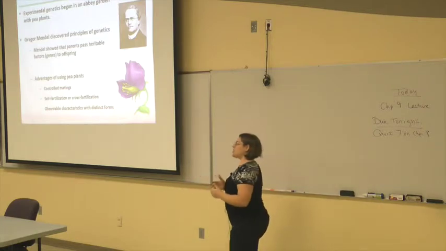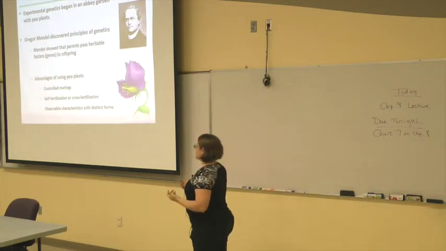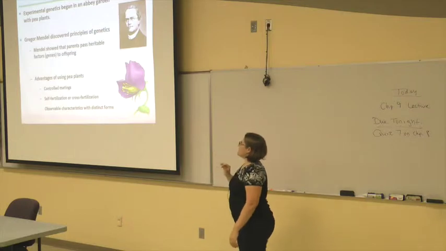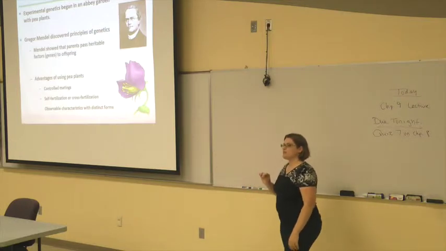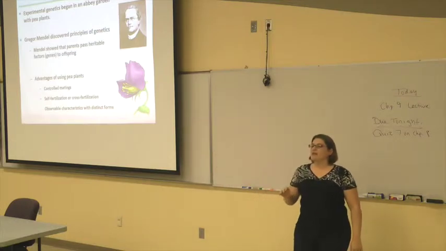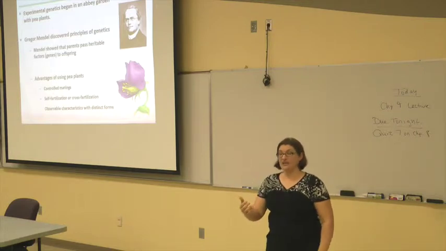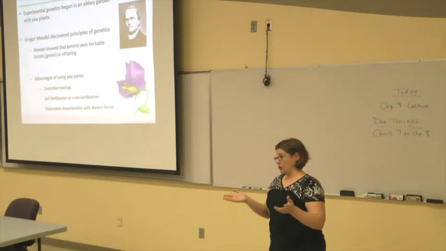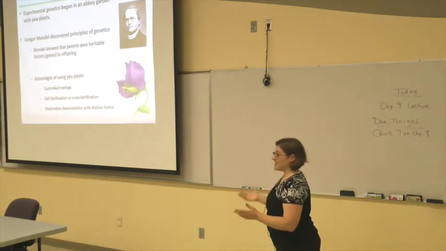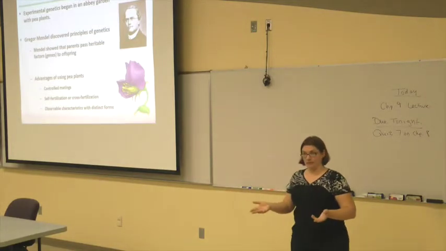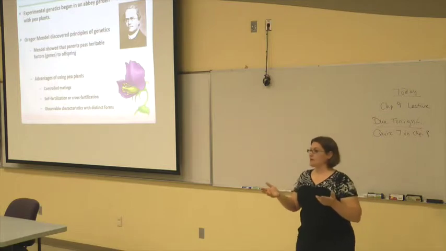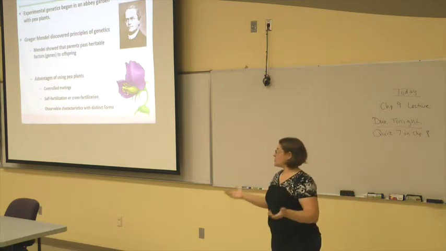To explore those questions, he conducted experiments using these pea plants. Using these experiments that I'm going to detail shortly, he showed that parents do pass heritable factors, which we now call genes, to offspring. And that determines the traits that are expressed in those offspring.